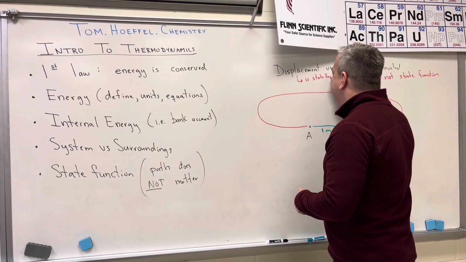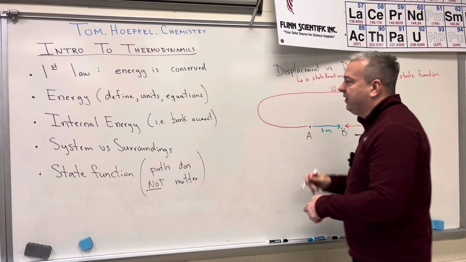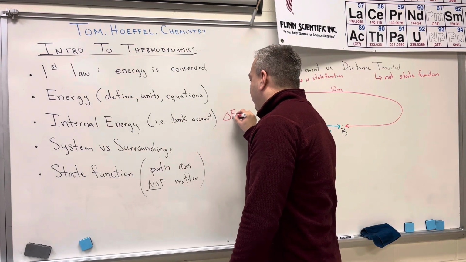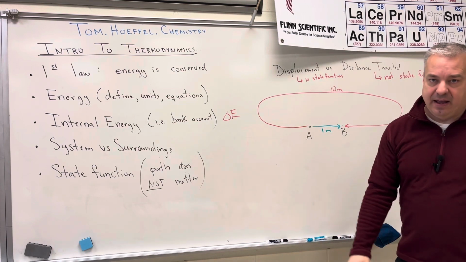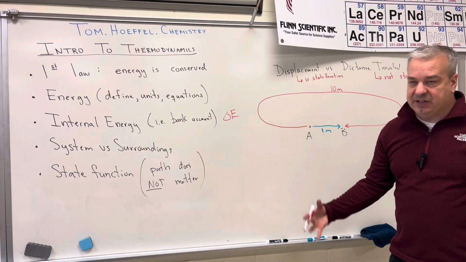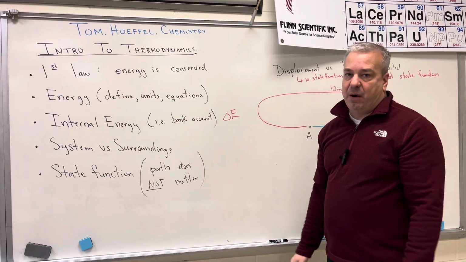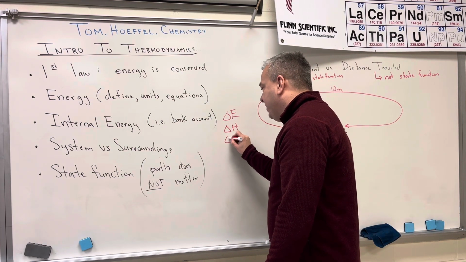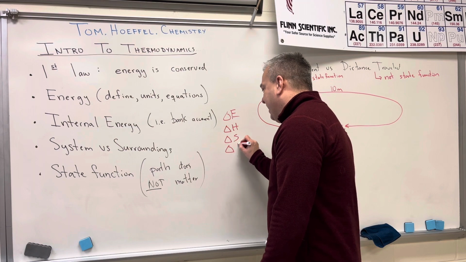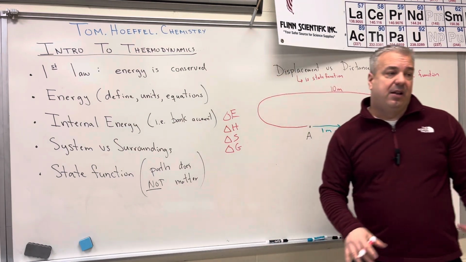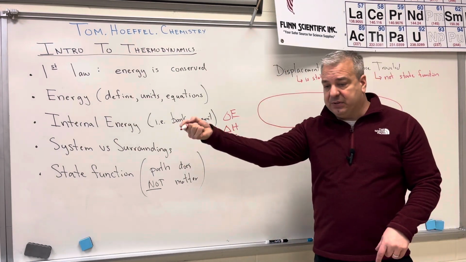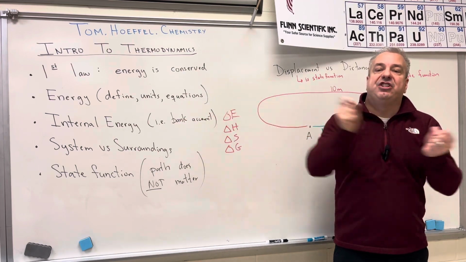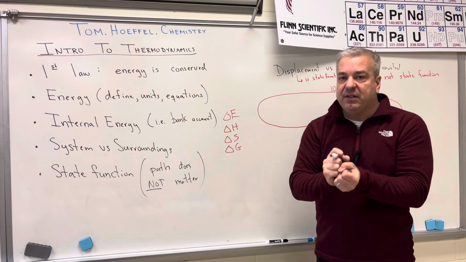And an easy way that you can tell your state functions a lot of times is when there's a delta sign. And you're going to see some state functions in this unit. We're going to start out with delta E, but we're going to maybe talk about delta H, delta S, and delta G. Which is, hey, we have this position in the beginning, we have this position at the end. What's the change in those positions?